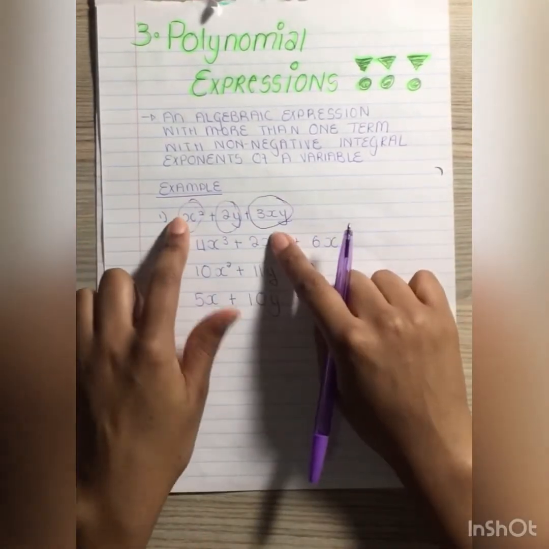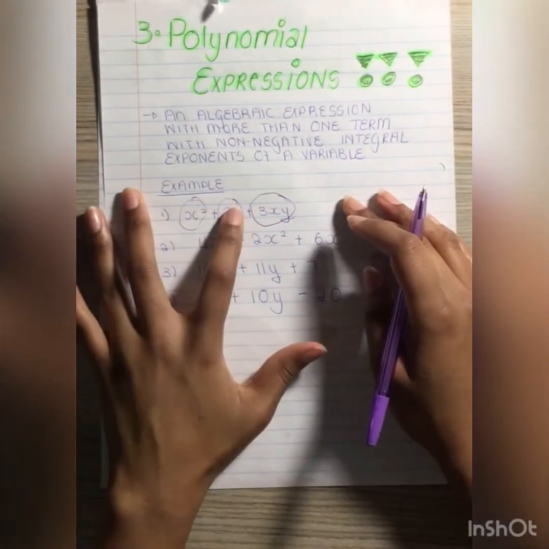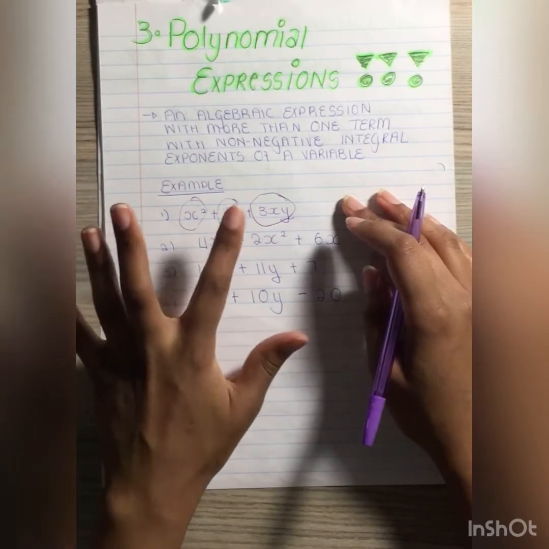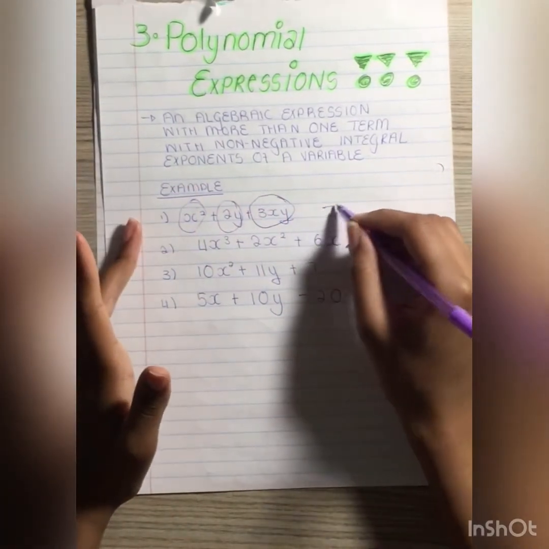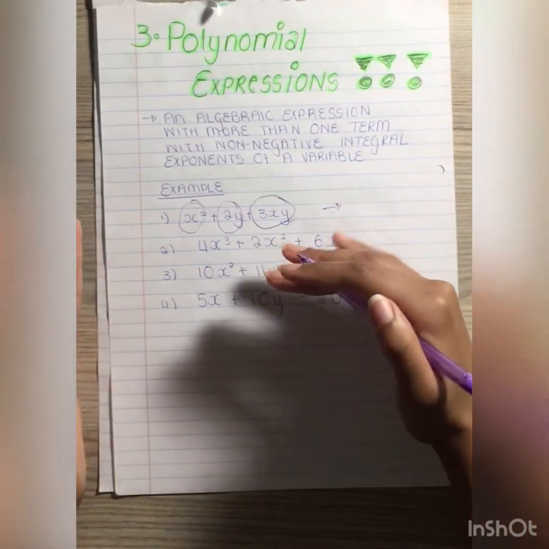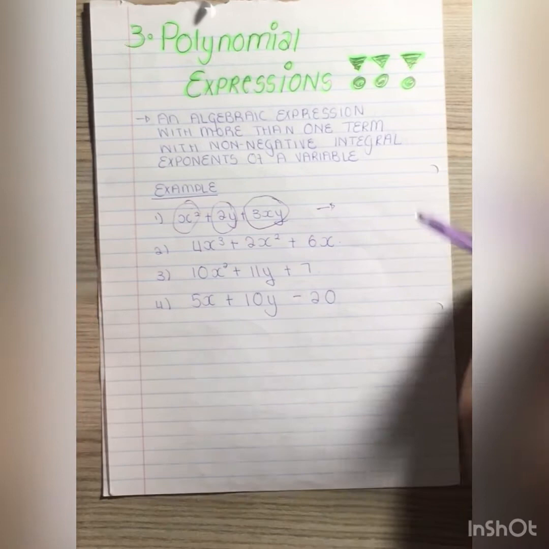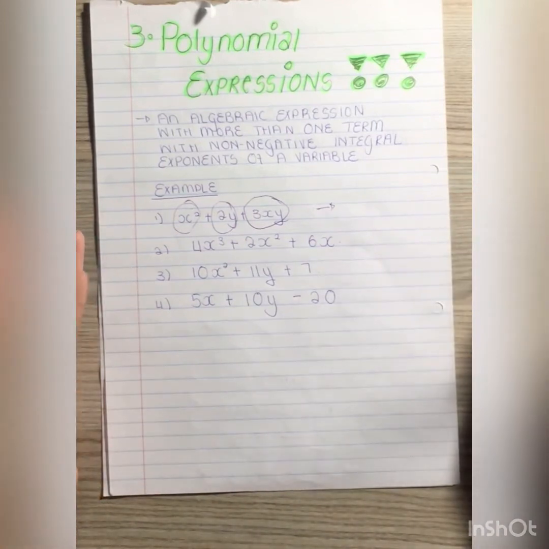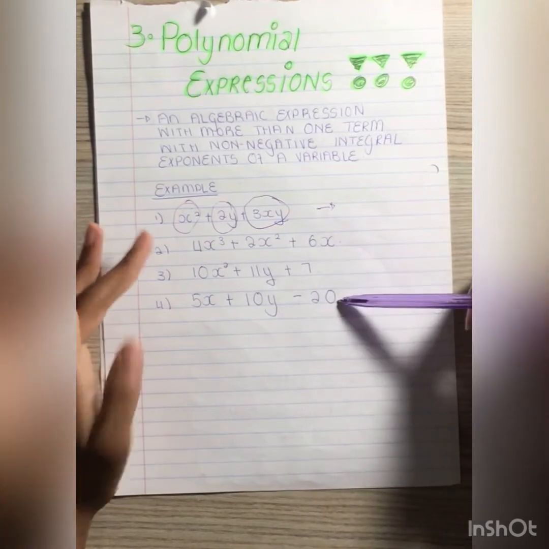The way in which you count them really doesn't matter. All in all, we know that it has 3 terms, which is more than 2, which is more than 1, okay?